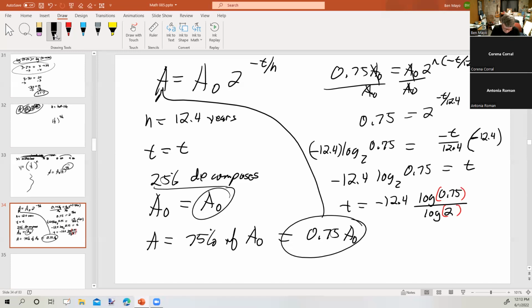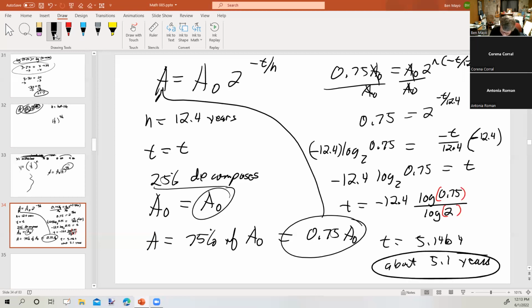Negative 12.4 log of 0.75, close up with parentheses, divided by log of 2, close up with parentheses. And I get 5.1464. Let's see here. And they're going to round to the nearest tenth of a year. So it's going to be about 5.1 years.